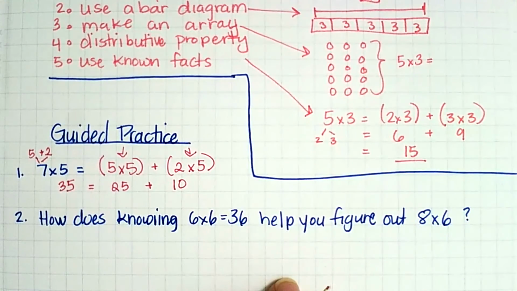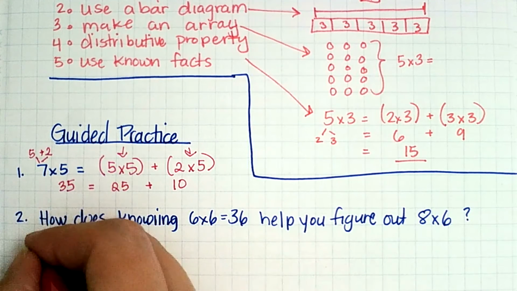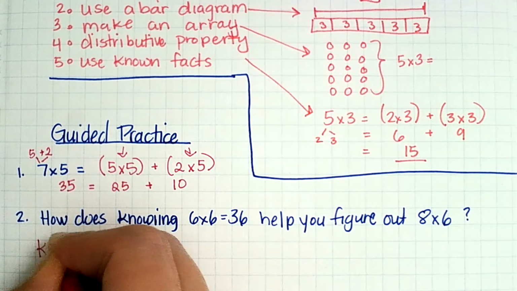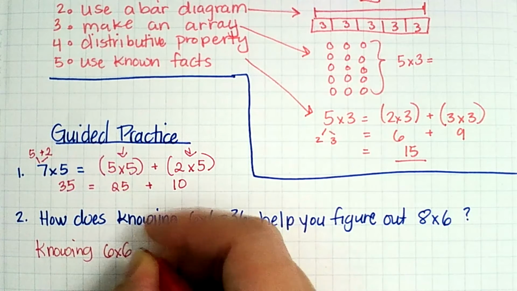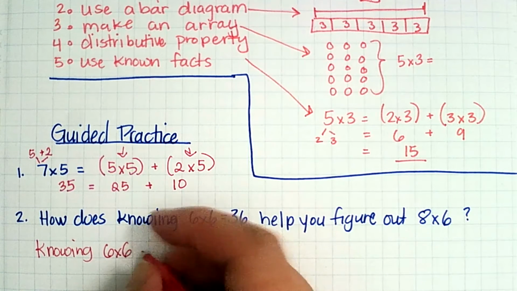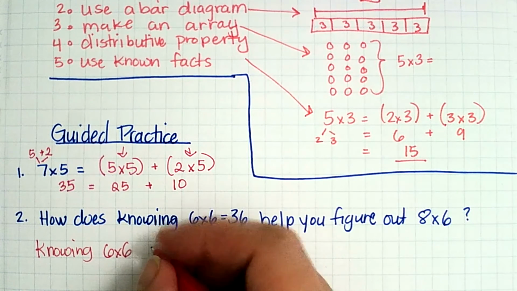For number 2, it says, how does knowing 6 times 6 is equal to 36 help you figure out what the product of 8 times 6 is? It's worded a little bit differently, but that's the main idea of this question. Knowing 6 times 6 gives me part of the product, a partial answer, right? It's part of the array.